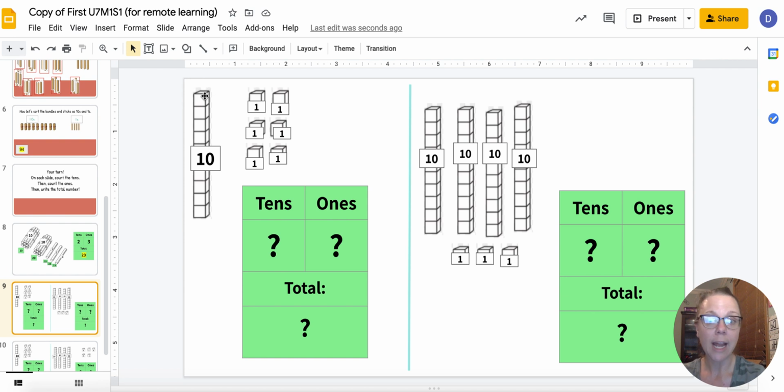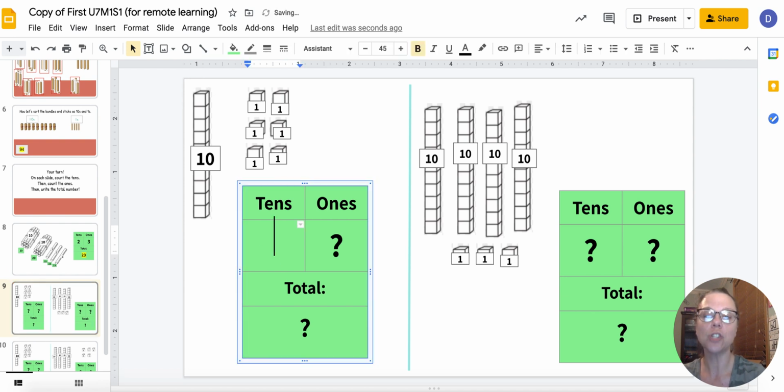So for this one, how many tens? Just 1 10. 10 little cubes are in there, right? It's a group of 10, but there's just one group of 10. Ones. 1, 2, 3, 4, 5, 6. 1 10 and 6 ones is 16 all together.